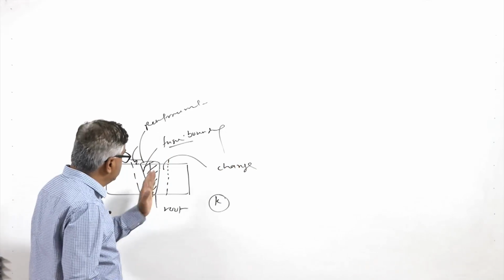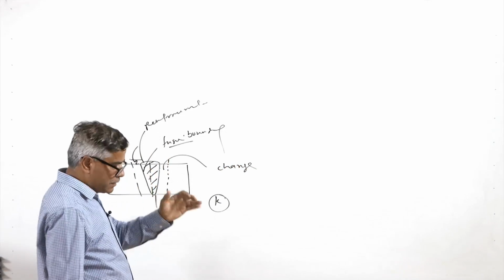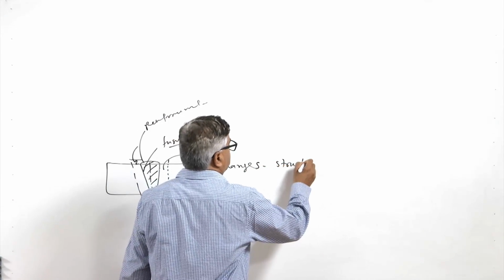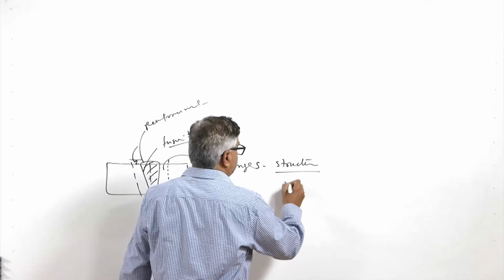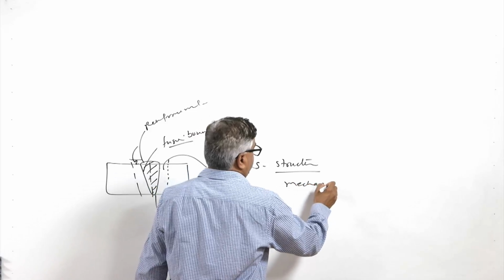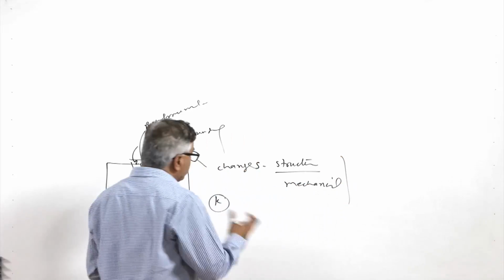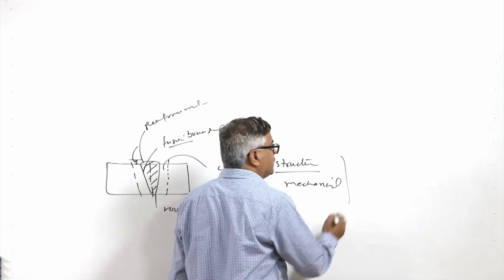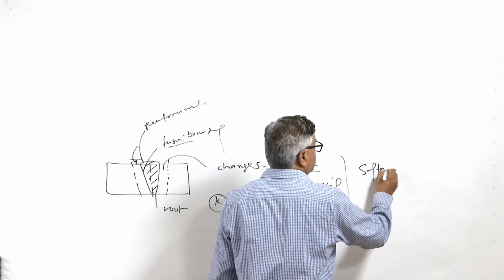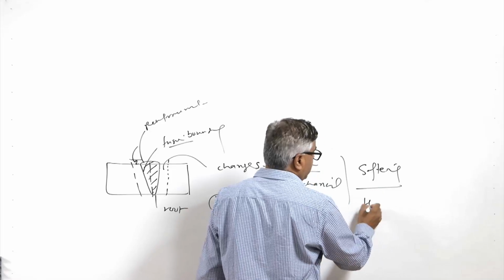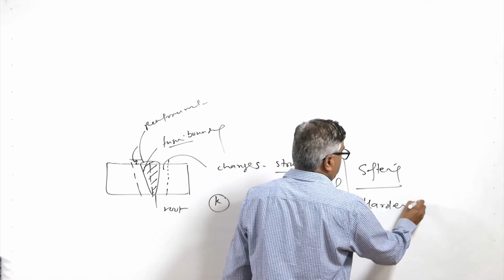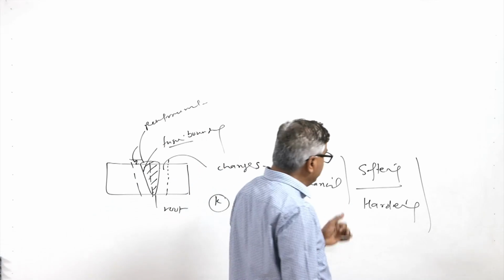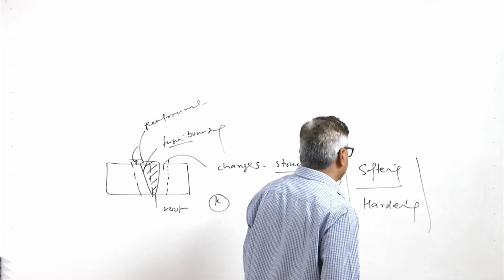So, the region near the fusion boundary experiences changes in terms of the microstructure of the metal and the mechanical properties. There is no particular pattern in which the structure and the mechanical properties will be affected. Sometimes it causes softening of the metal, or it may also lead to hardening. So, depending upon the kind of metal systems which are being welded, they may get hardened or they may get softened.